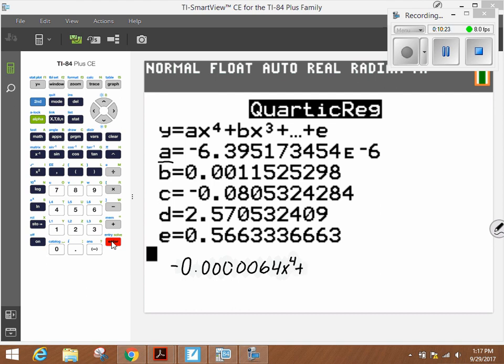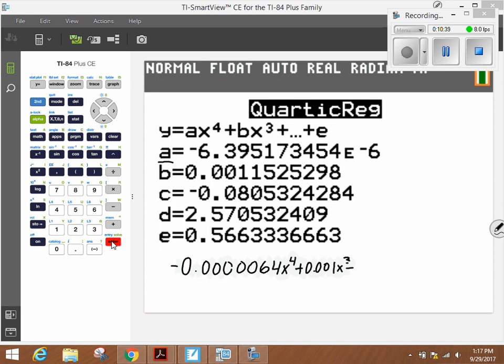Plus 0.001 x to the 3rd, minus, my bad, looks like that c is negative.